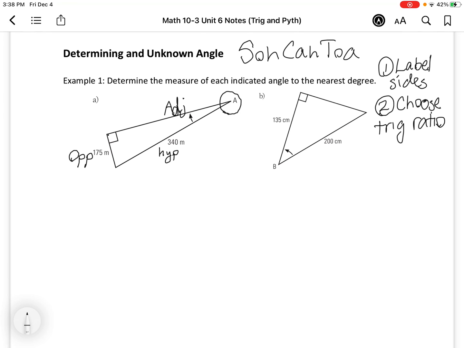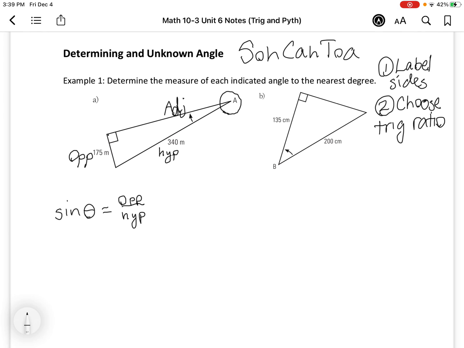And the one that uses opposite and hypotenuse is sine. So I'm going to write down the sine ratio, and make sure to write sine theta. Some people just write sine, they don't write the angle in, equals opposite over hypotenuse.